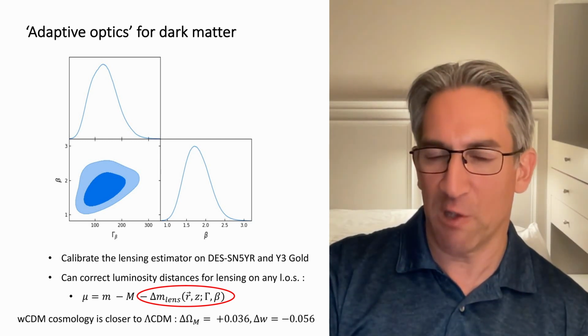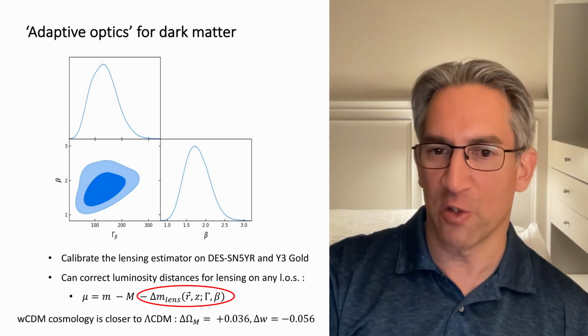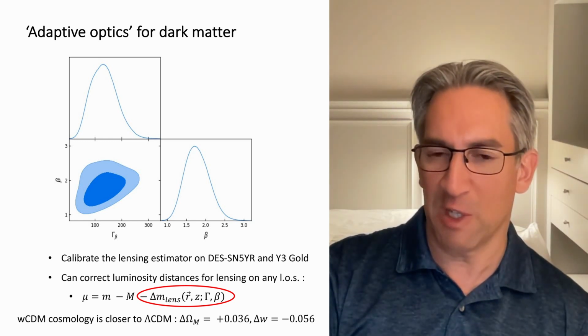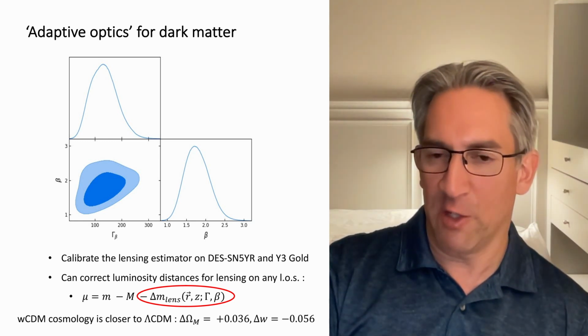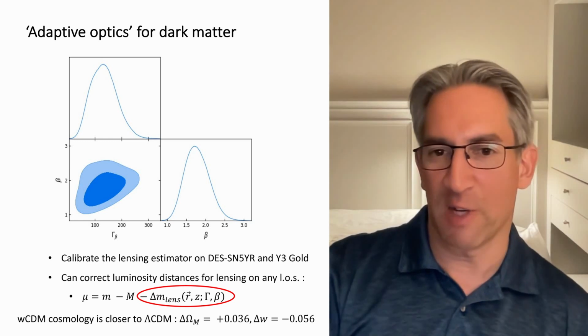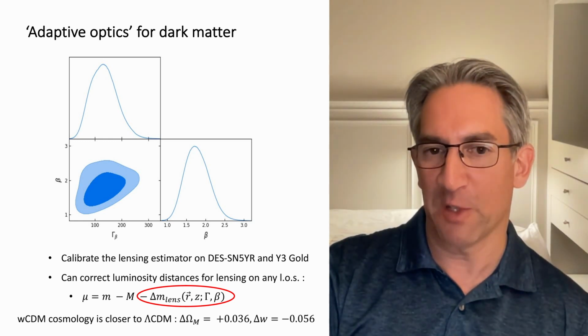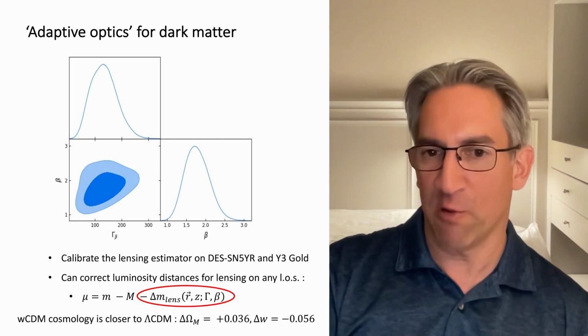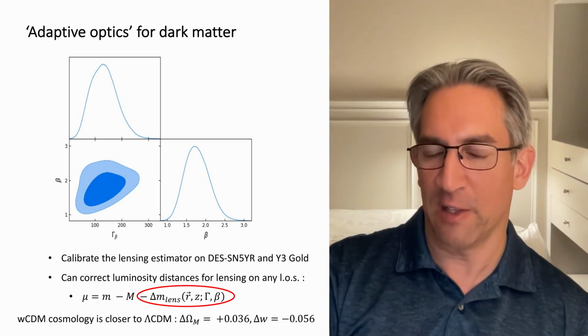When we put our corrected distances into the cosmological solution, what we find is that omega matter moves a little bit higher, and the equation of state for dark energy, the w parameter, moves a little bit lower. In our original sample where the distances weren't corrected, these parameters were a little further away from lambda CDM. When we correct the distances for lensing, we move a little closer to lambda CDM.